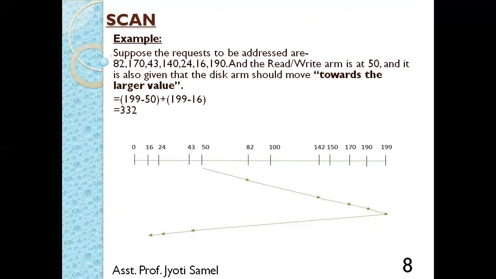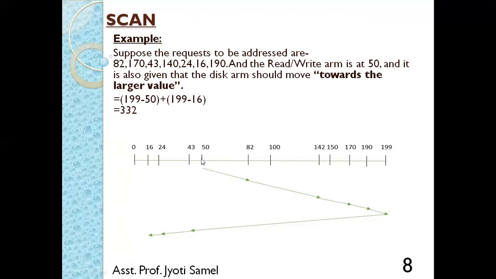82, 170, 43, 140, 24, 16 and 190. Our read-write head is at 50 and this is a very important line: the disk arm moves towards the larger value. Here at 50 my head is at that position, and the larger value means I want to move towards 199, towards the right side.